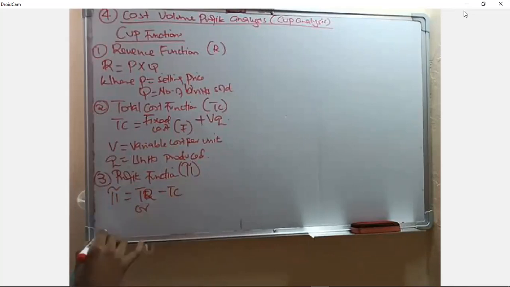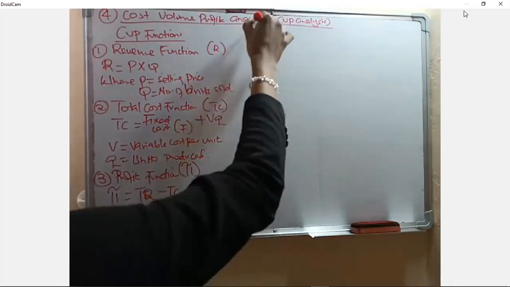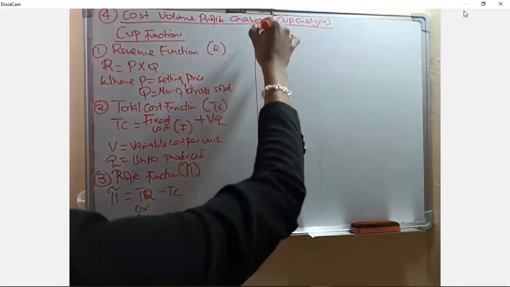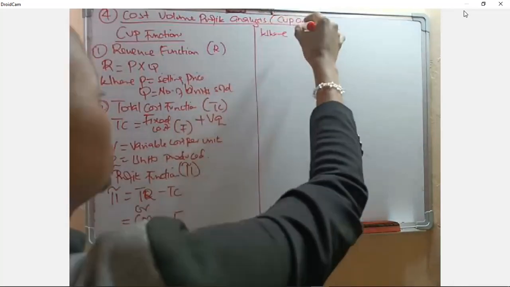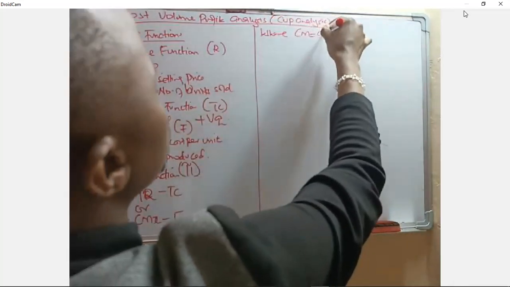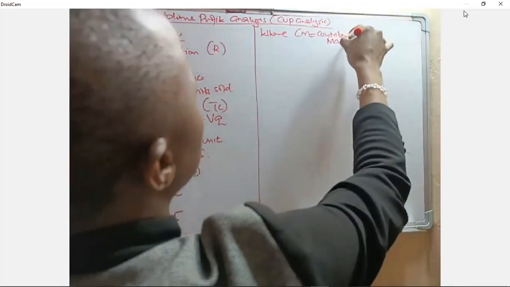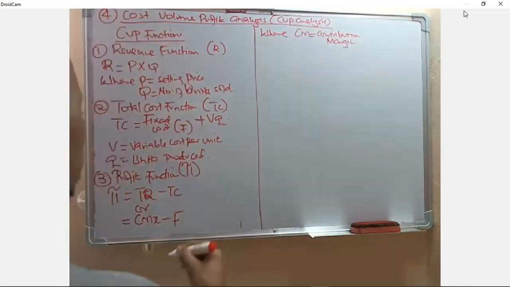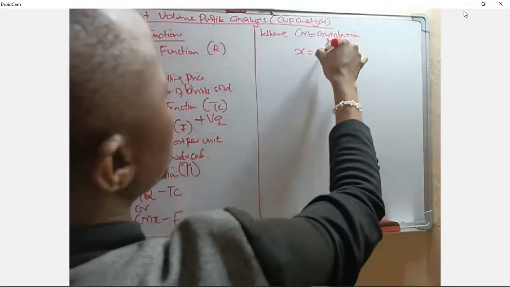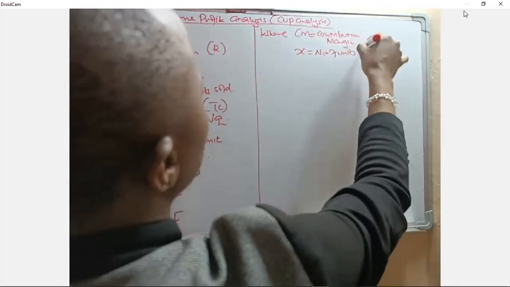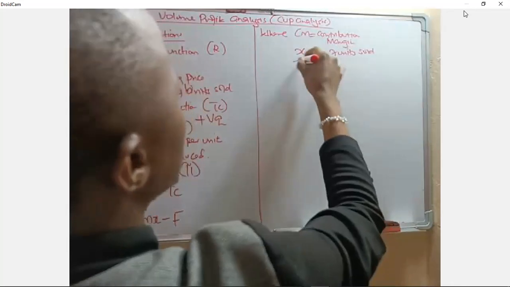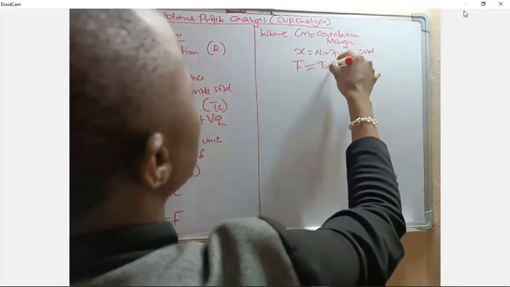Or we can say profit equals contribution margin times X minus fixed costs, where CM is the contribution margin, X is the number of units sold, and F is the total fixed cost.